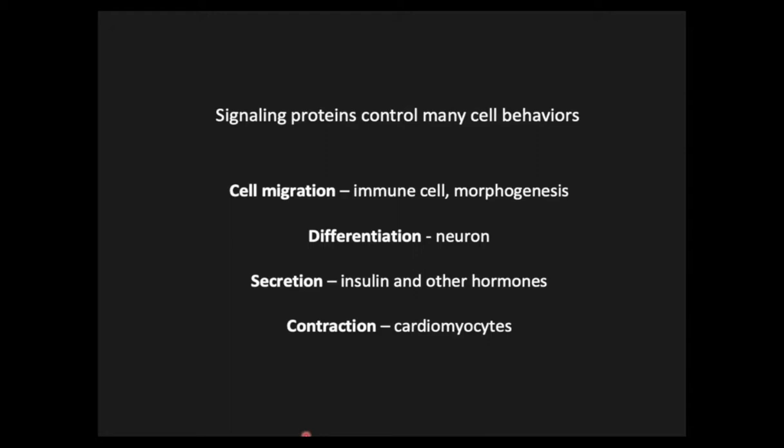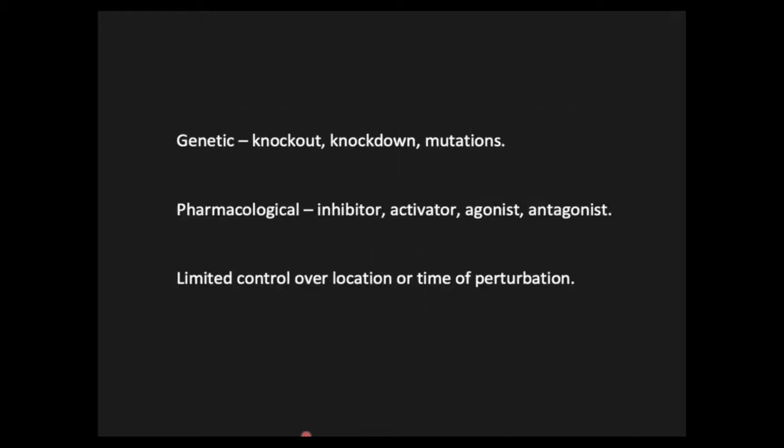All those processes are controlled by signaling proteins that transduce the signal through the cell. The ability to selectively control the activity of specific signaling components in a network can be valuable in gaining a better understanding of the network dynamics that executes cell behavior.